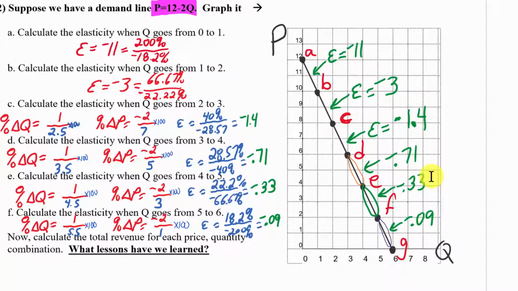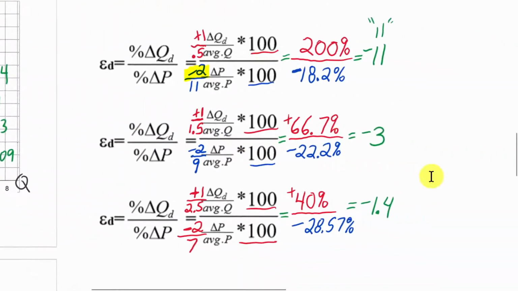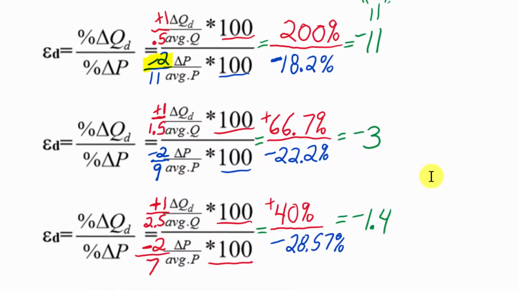Now let me mention something about calculating elasticities here. Let's go back over to the ones we were calculating before. Normally, I like to calculate this as a percentage change over a percentage change because that, after all, is what the formula is for the price elasticity of demand, and all elasticities are a percentage change over a percentage change.